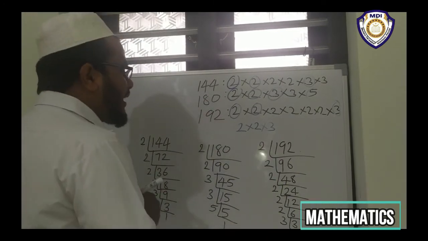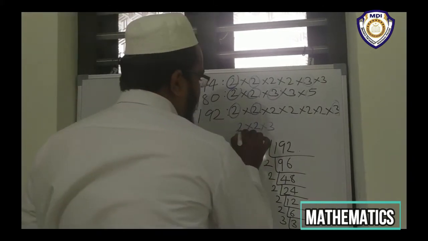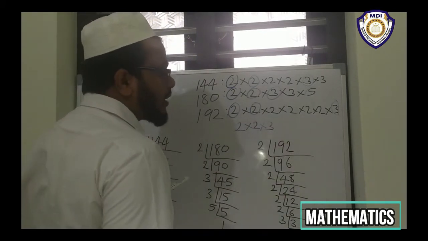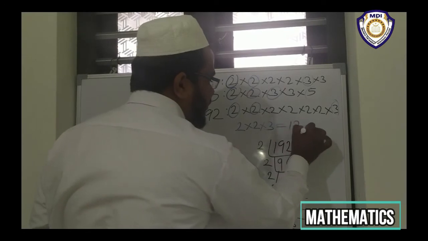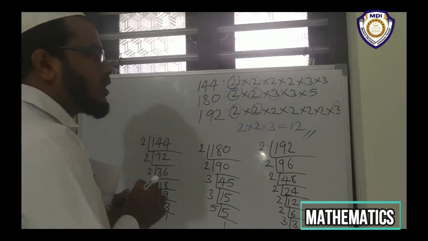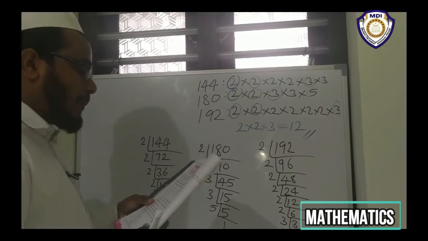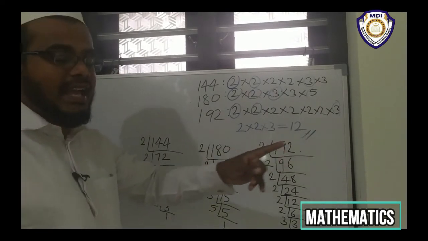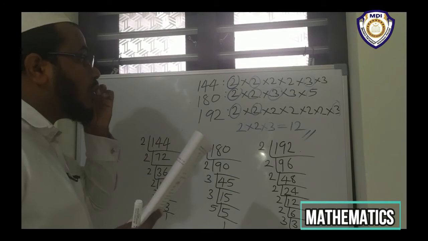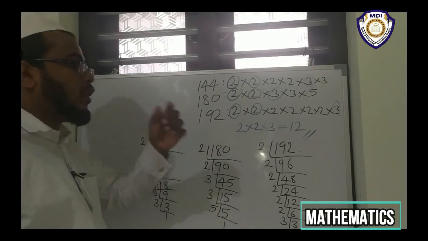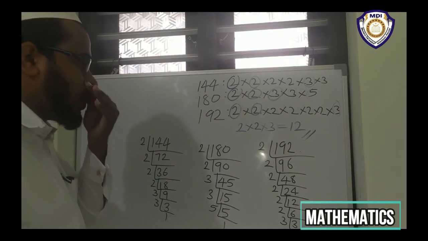Okay. Then let us multiply 2 into 2, 4. 4 into 3, 12. That is 12. Okay, that is the HCF of 144, 180 and 192.